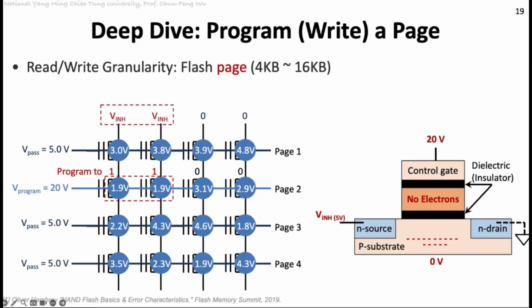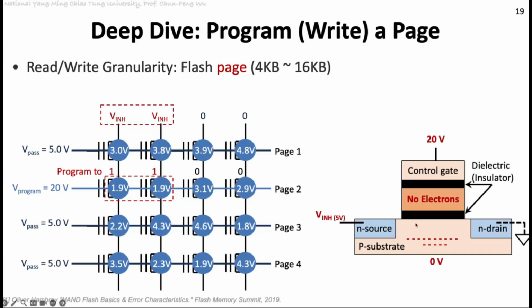So when the delocalized electrons are going to cross through the dielectric, there is a horizontal electric field that interferes. So actually the electrons find it hard to cross through the dielectric, because there is another field generated here to do the interference. So this is how the inhibition works on preventing those memory cells from being programmed.